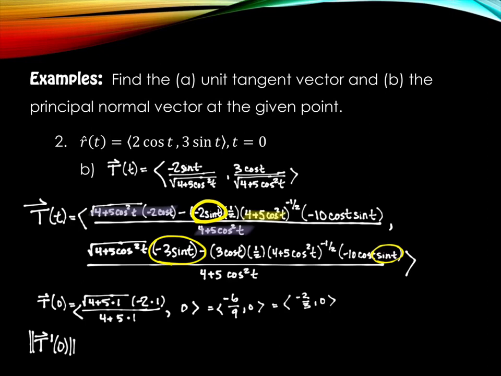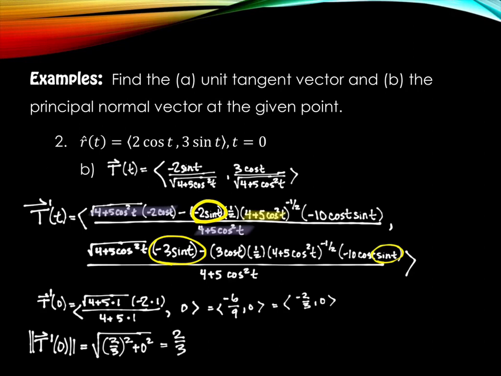That should have had a prime. I left off the prime. Make sure you've got those in there. So the magnitude of T prime of 0 is the square root of 2/3 squared plus 0 squared, which is obviously just going to be 2/3.